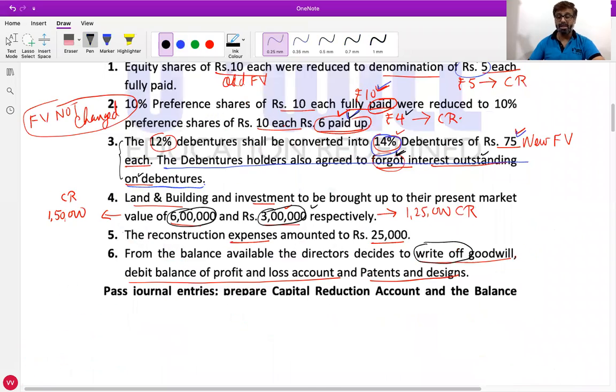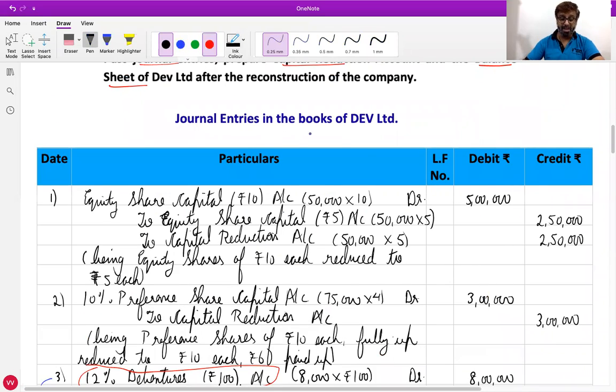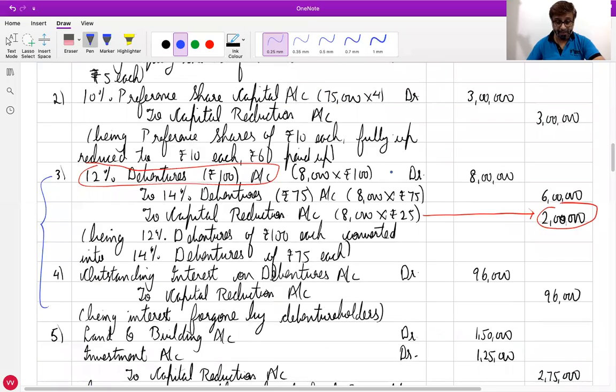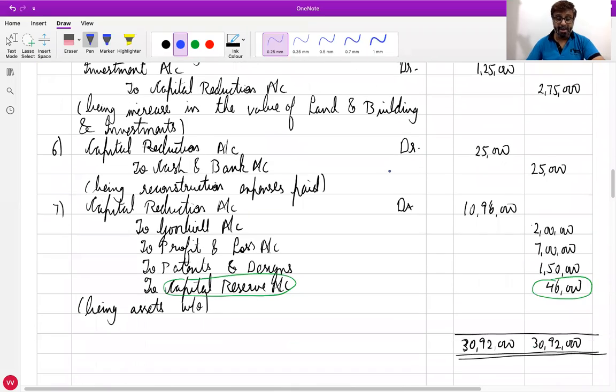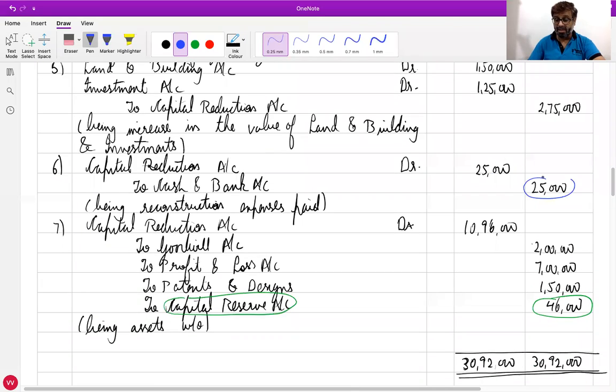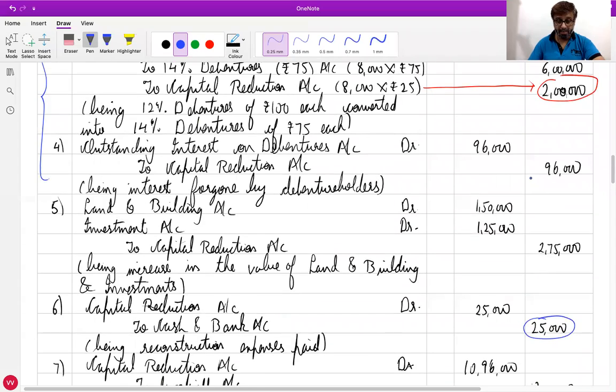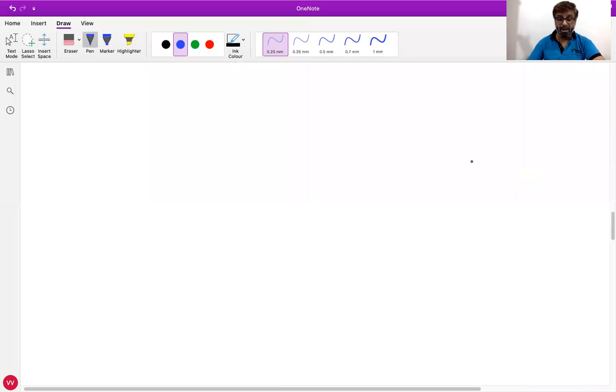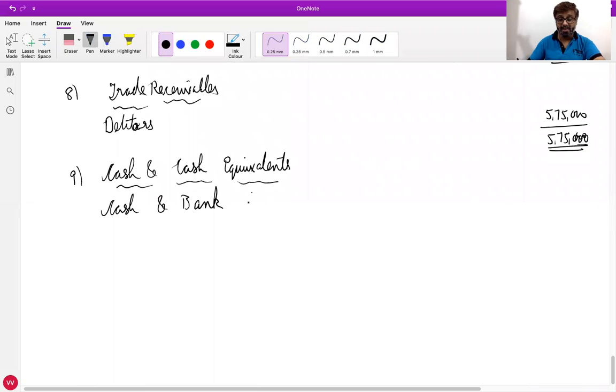If it is debited we will plus, but we don't have any debit. So this 25,000 we have to minus. 50,000 minus 25,000, how much balance will remain? 25,000. There is no debit and only one credit, so we have to minus. So are all the 9 notes clear to everyone?